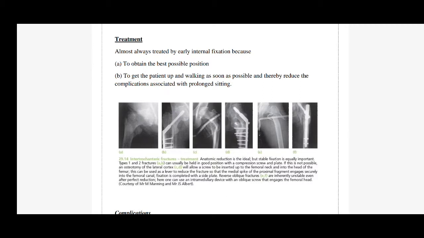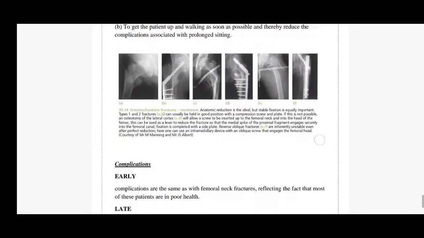Why should we treat him early? Return to the principle: hold, reduce, hold, and early rehabilitation, to obtain the best position possible for union and to get the patient up and walking as soon as possible, thereby reducing the complications associated with prolonged sitting.